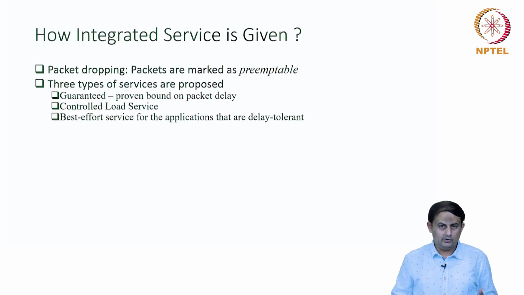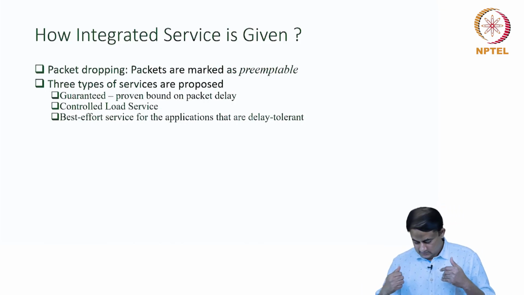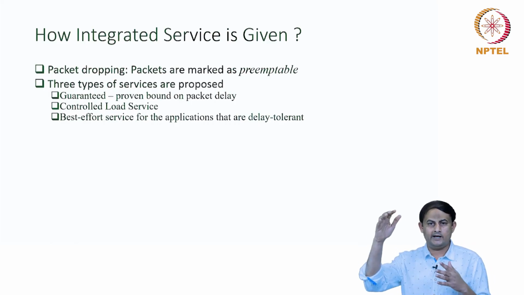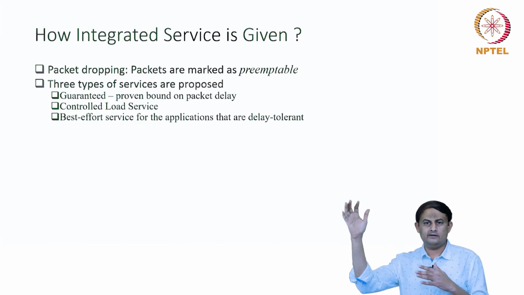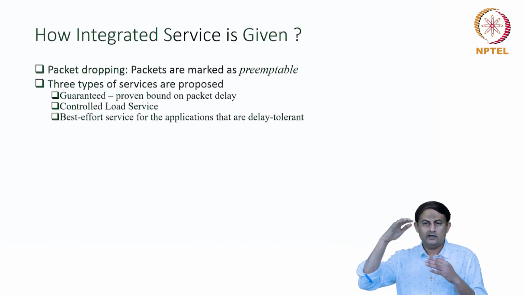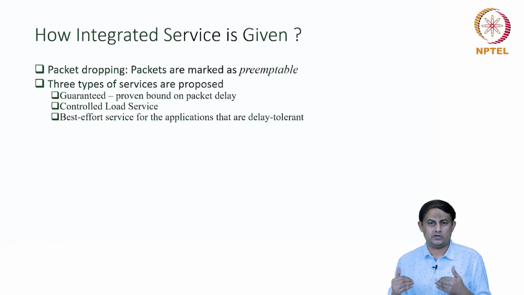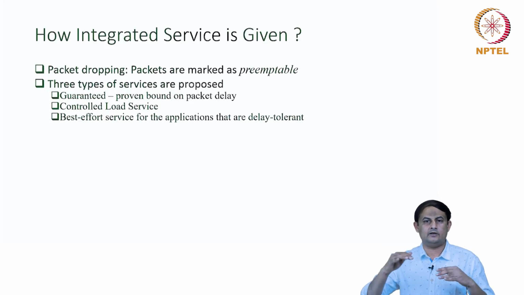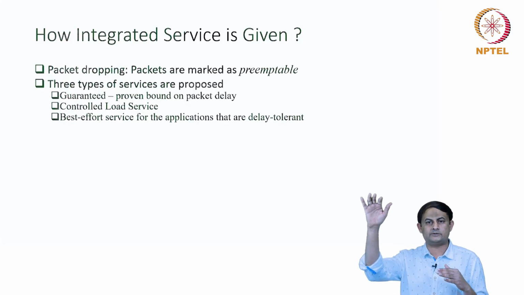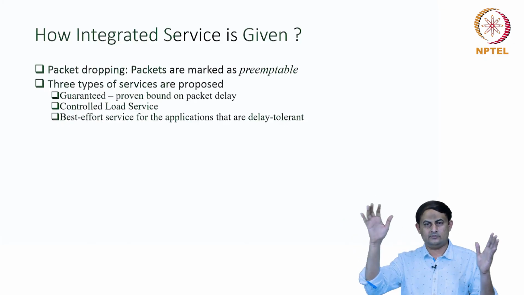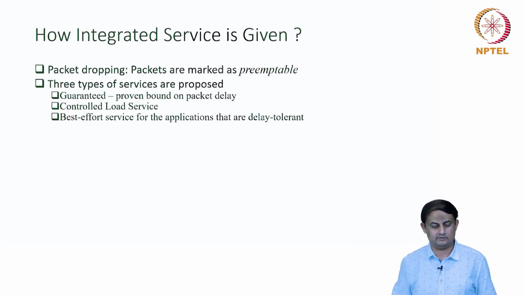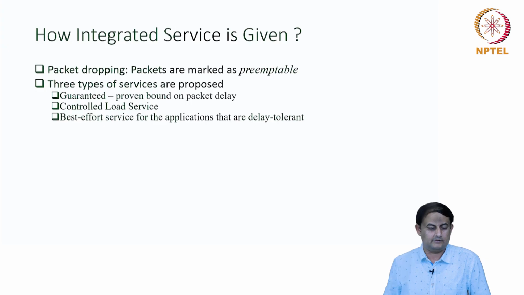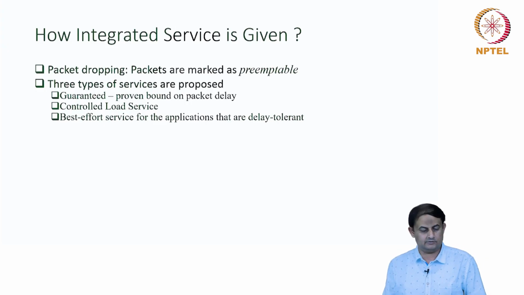What the controlled load service tells you is, I will try my level best to provide a guaranteed level of service, and occasionally I might fall short of that, but most of the time I will be providing you the best possible service that is available, close to the peak that is available. That is the second category of the model.